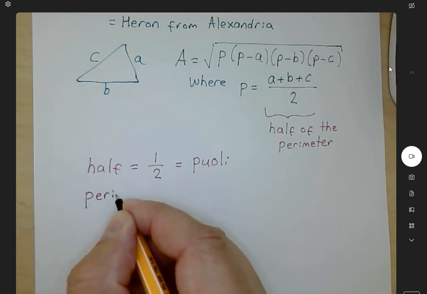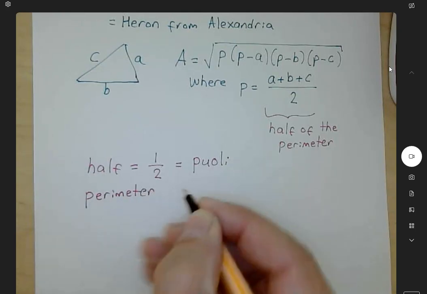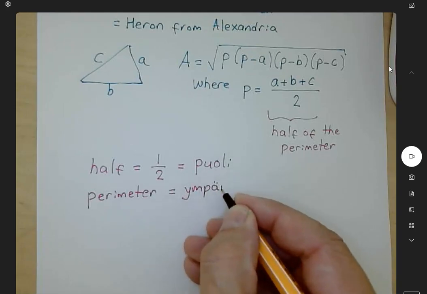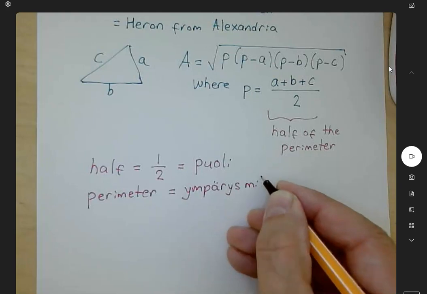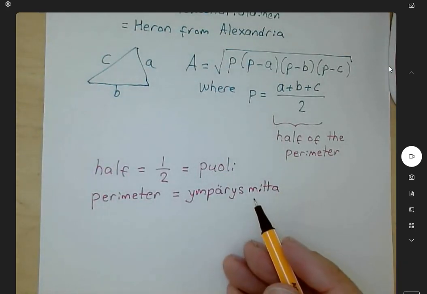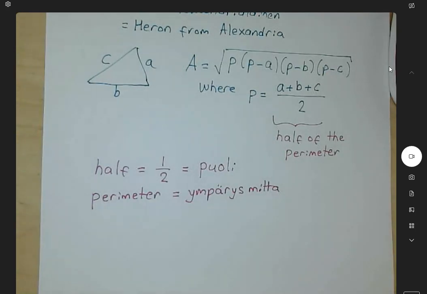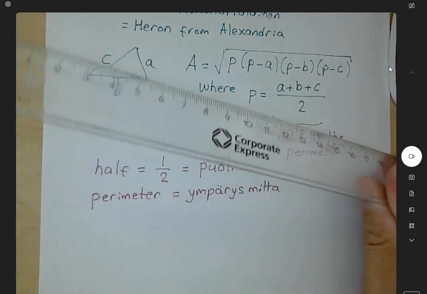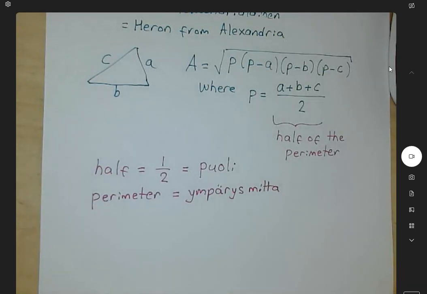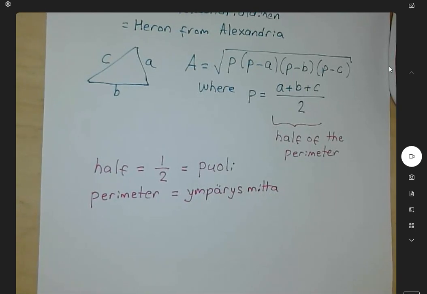Perimeter is ympärysmitta. This mitta we may call also mitta in Finnish, but it means measure, and ympärys is something which is around you.